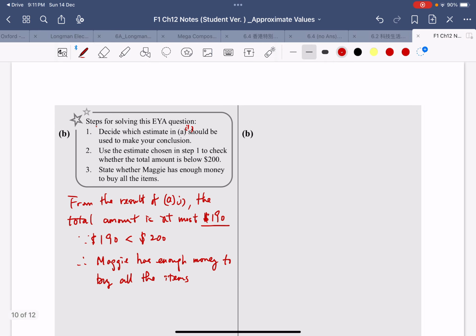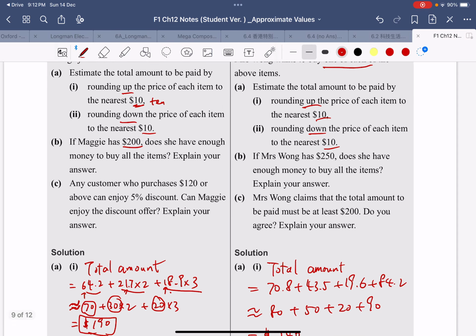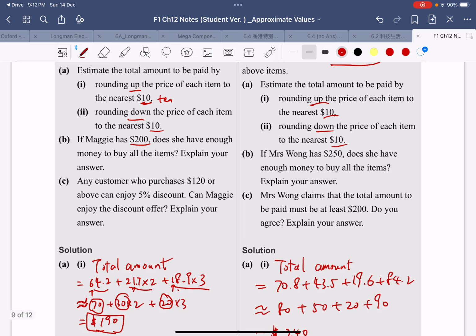So let's look at part C. Any customer who purchases 120 or above can enjoy a 5% discount. So if you buy over this amount, you have this discount. Can Maggie enjoy the discount offer? Explain your answer.